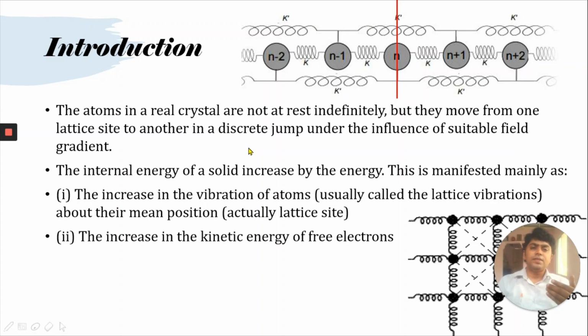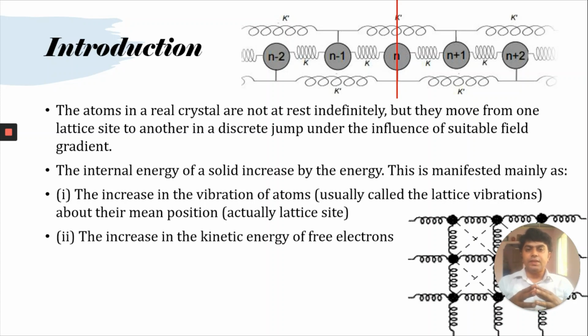Now, how does a real crystal get disturbed from the real point of view? The atoms in a crystal are not at rest indefinitely, but they move from one lattice site to another lattice site with a discrete jump. The influence of such a jump could provide a suitable gradient in the form of energy.